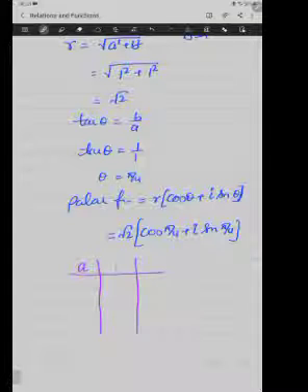See, presently we are doing the case where a and b both are positive. In that case, theta remains theta.